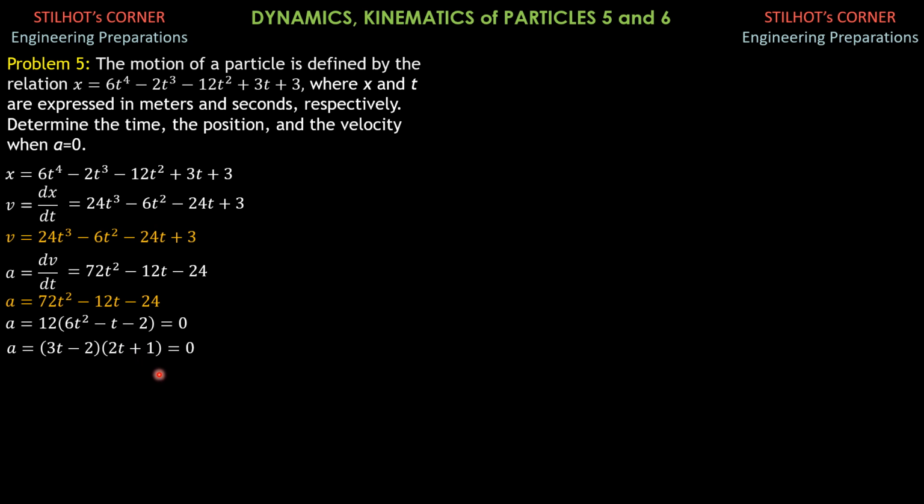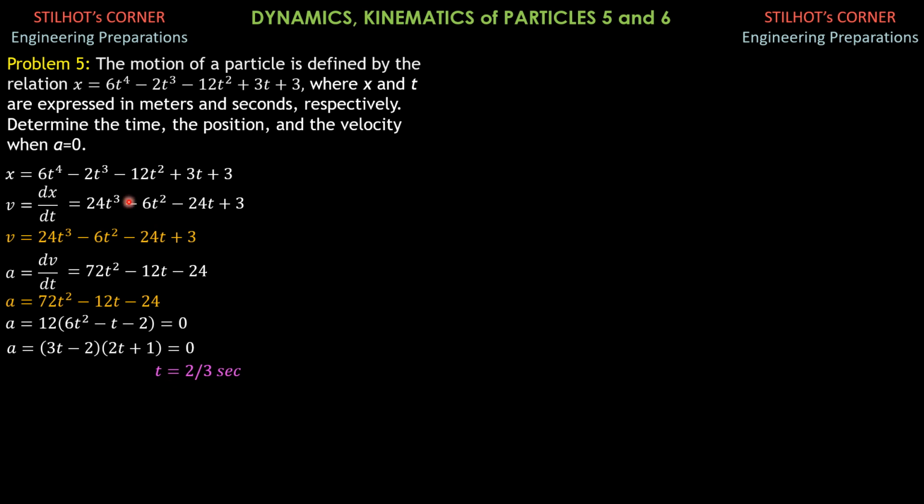For this factor, t is negative 1/2, which cannot be because time should be positive. So 3t minus 2 equals 0, so t is 2/3. So the acceleration is 0 when the time is 2/3.